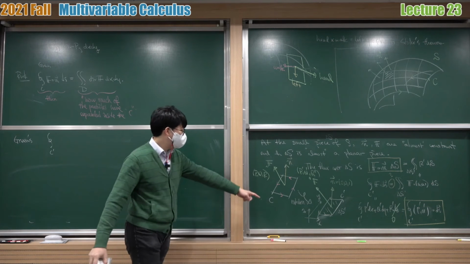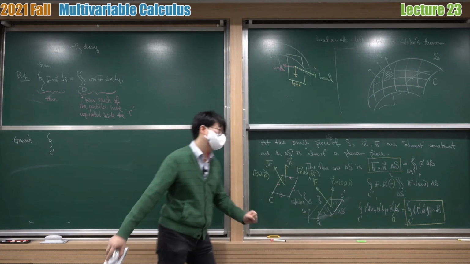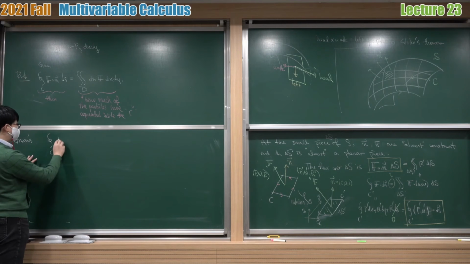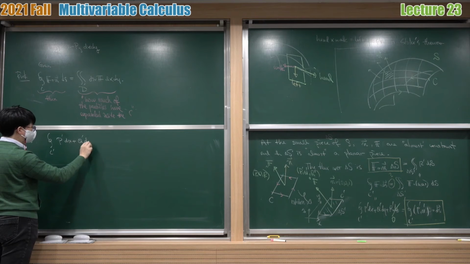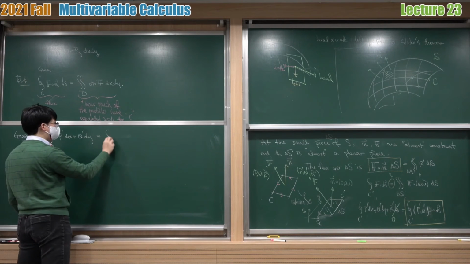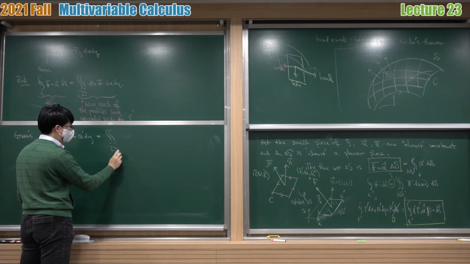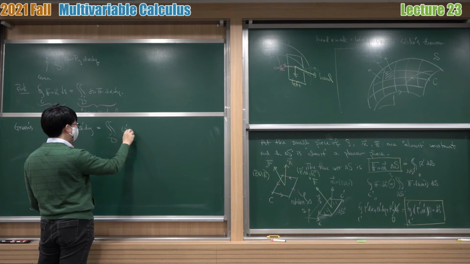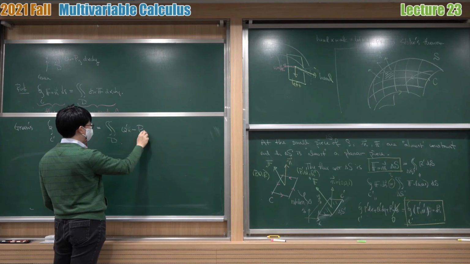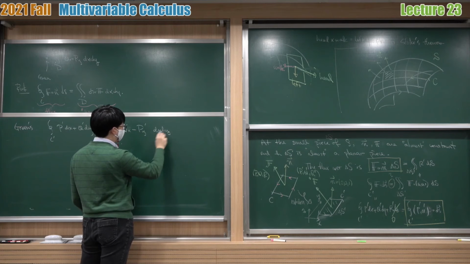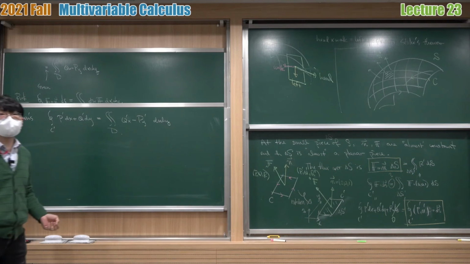So as if I'm taking this curve C in the two-dimensional plane, then p prime dx plus q prime dy equals what? Integration over D of the rotation of this, q prime x minus p prime y, dx dy, right? That's what Green's theorem tells you.